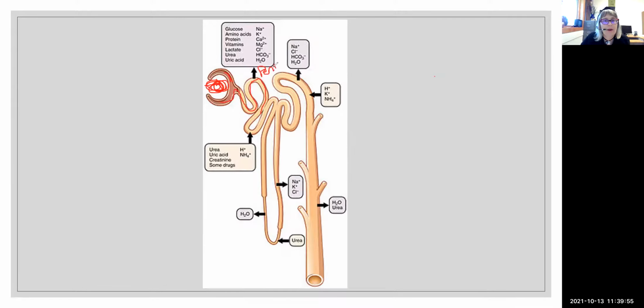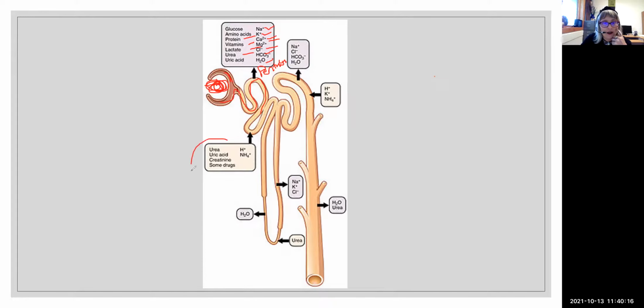What are we reabsorbing? Glucose, sodium, potassium, amino acids, calcium, magnesium, chloride, bicarbonate, water, vitamins, proteins, lactate, urea. So a lot. 68 to 70% is going to be reabsorbed.